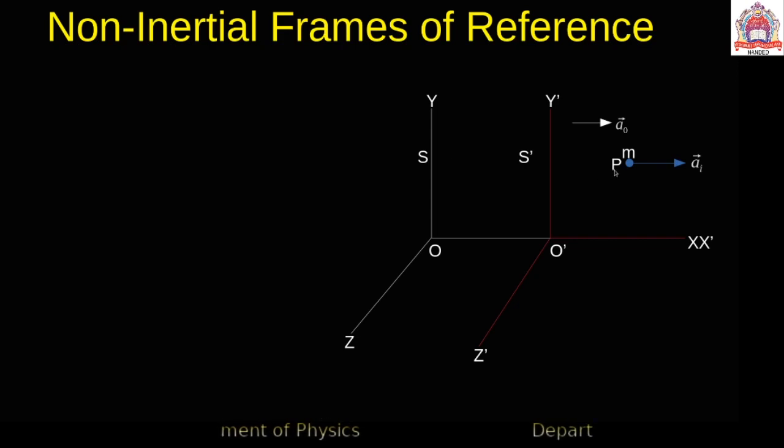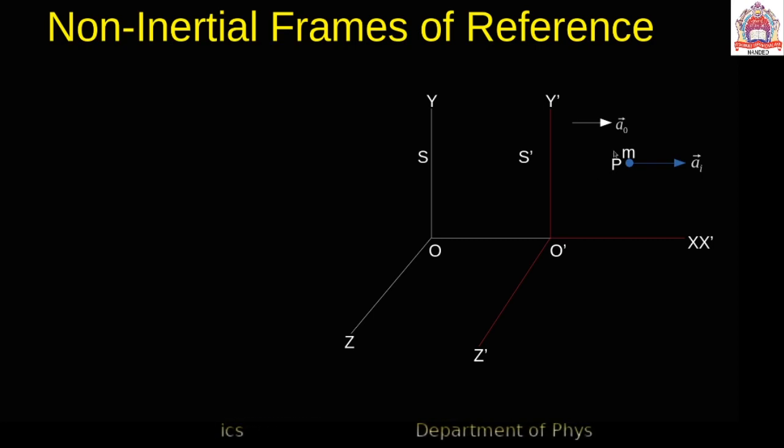Then the particle P, which is at rest with respect to the frame of reference S, will appear to move with an acceleration minus a0 with respect to the frame of reference S dash. Thus, in frame S dash, a force minus m a0 will appear to be acting on the particle of mass m.